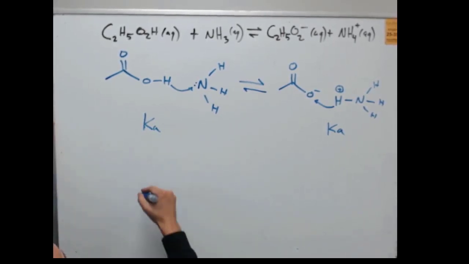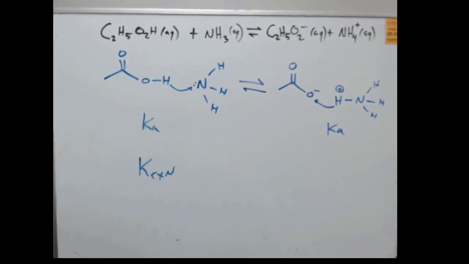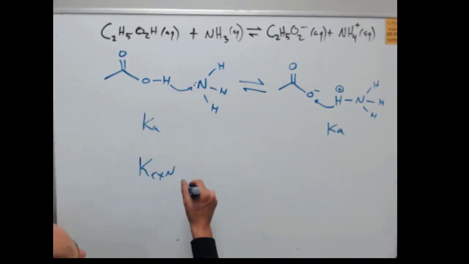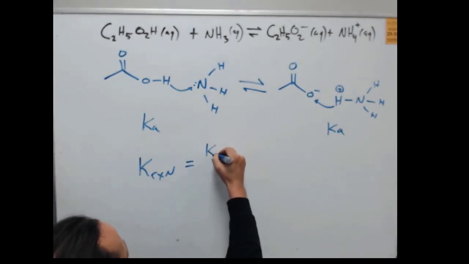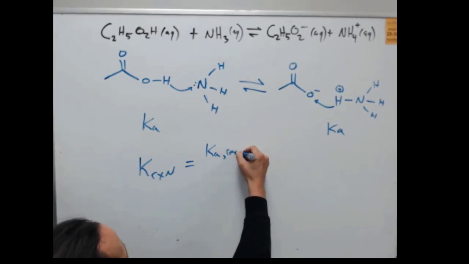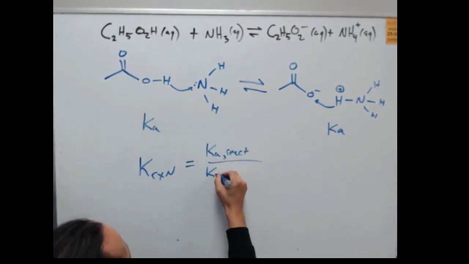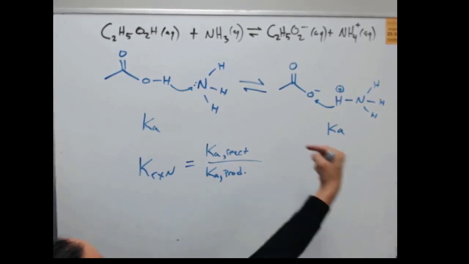So I can think about this in terms of a K for my reaction, which you'll also see sometimes called K overall or K total. There's a lot of different ways we refer to this K. It's just the K for multiple equilibria happening. And in this situation, I'm going to be looking at the Ka of my reactants, that's the forward Ka, divided by the Ka of my product, that's the backwards Ka.